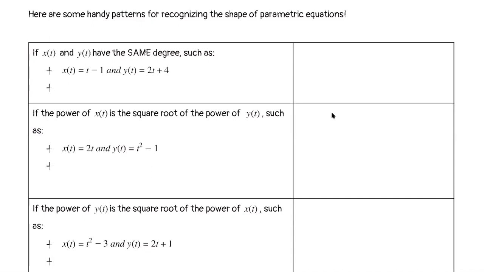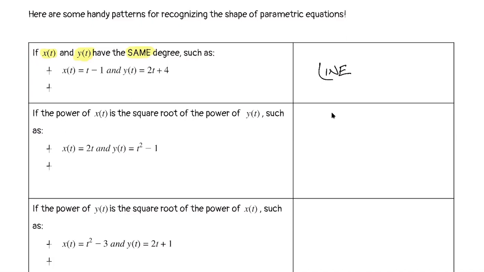So anytime you have x and y, your parametric equations, and the parameter, or t, has the same degree, such as x equals t minus 1 and y equals 2t plus 4. That's one example where the parameter t in both of them has a degree of 1, okay? What you're going to end up with is a line.